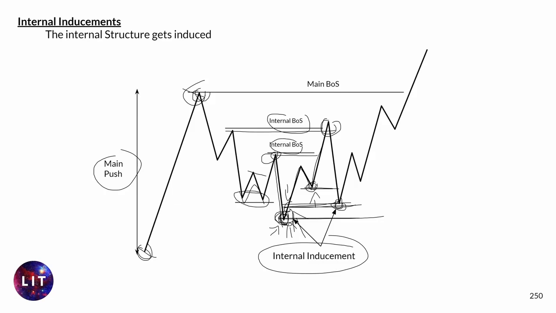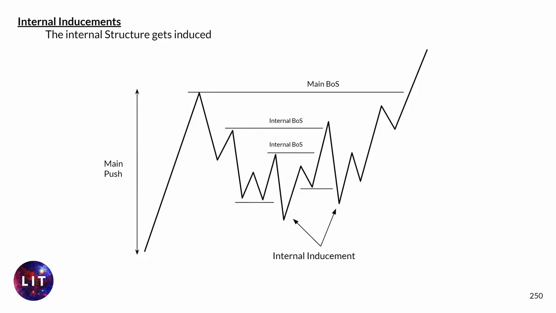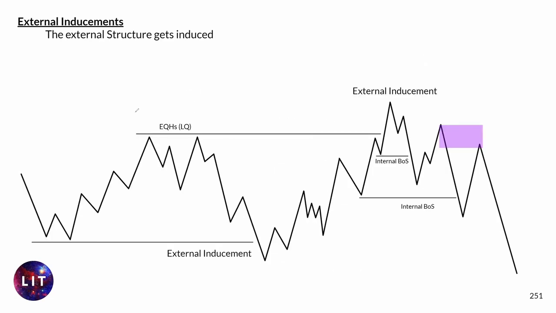Okay, and then of course we also have external inducements. External inducements means, of course, everything that is not internal pushes. So if you see this whole structure in here, you have these equal highs or aka liquidity. Also these pushes in here, see all these pushes in here, and now it induces this external push, right? It's not even included in this push anymore.